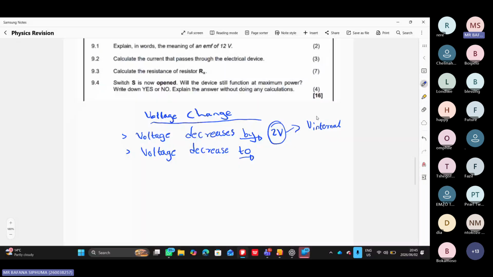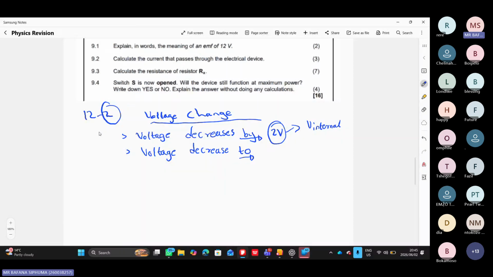Why? Because your voltage was actually maybe 12, and then it decreased by 2. Where is that 2? That 2 is taken to the internal resistance. That is why it decreased by that value.